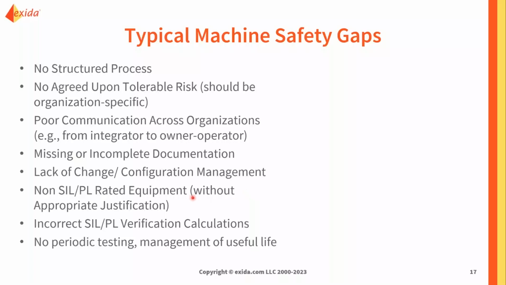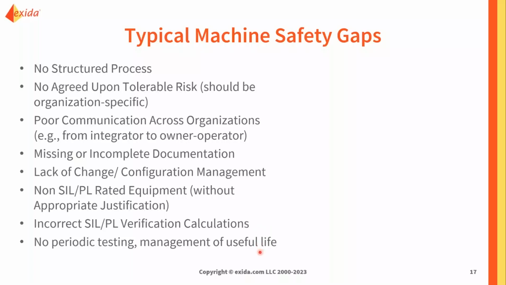And so really, again, using SIL and PL rated equipment can certainly help with that. And then incorrect SIL PL verification calculations, incorrect assumptions, incorrect or overly optimistic data points. So all of that can also lead to an expectation that the facility or the machine is a lot safer than it may actually be.